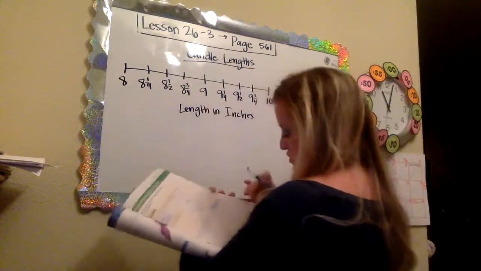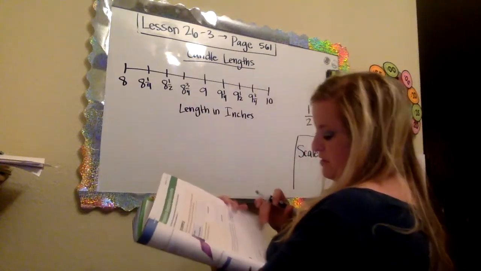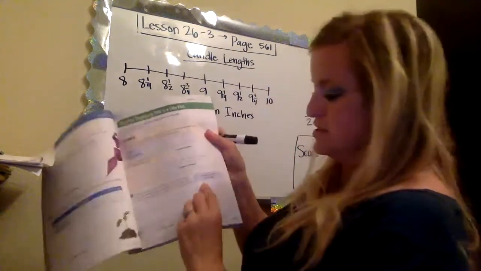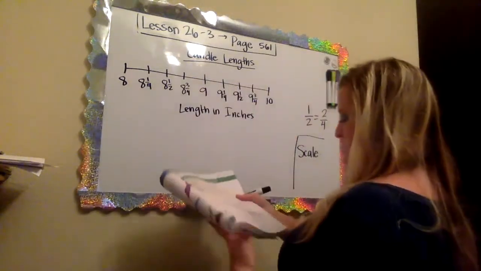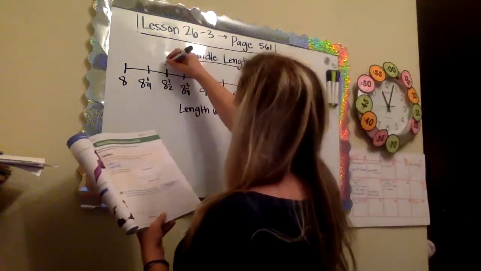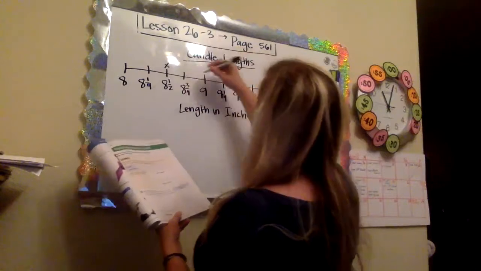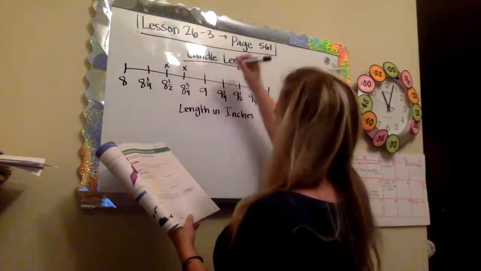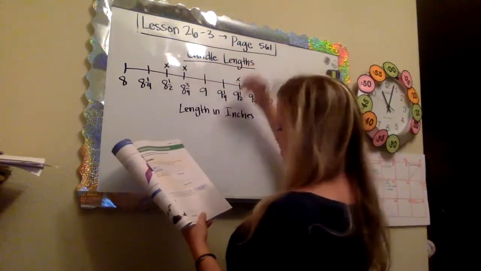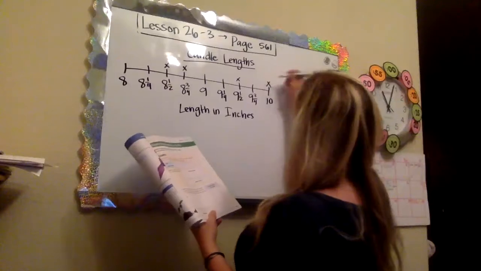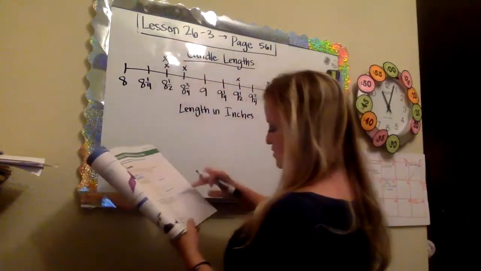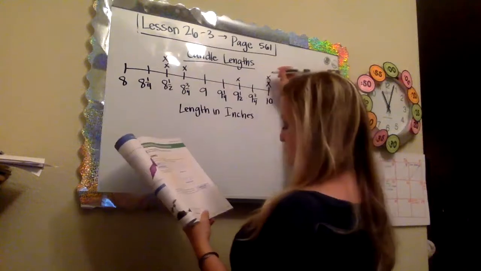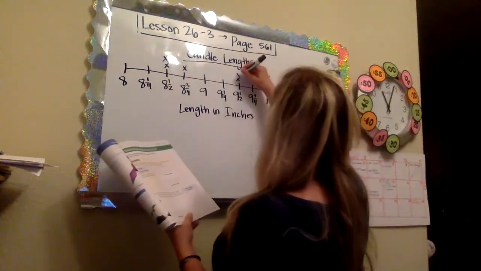Then what you're going to do is just mark all of these on there. So I'm going to start in the top row in the left-hand column. So I'm going to do 8 and 1/2, put an X there. 8 and 3/4, 9 and 1/2, 10, 8 and 1/2, 10, 9 and 1/2.